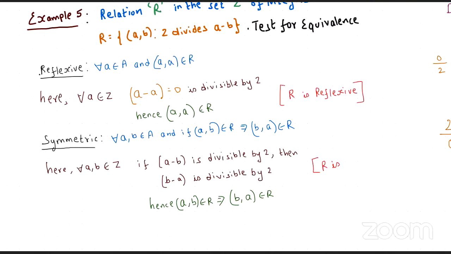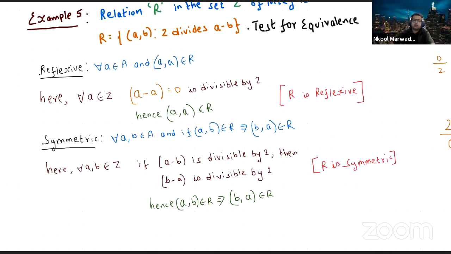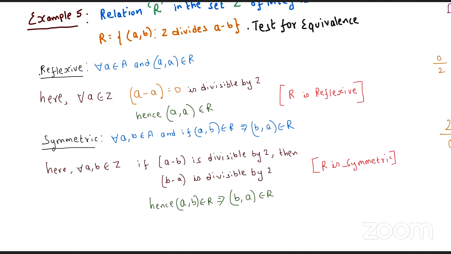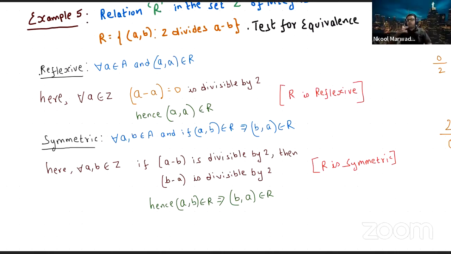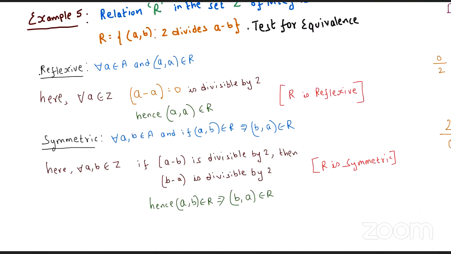We can't take 2 minus 3 or 3 minus 2 for this. But 4, 2 you can take. Either 4 minus 2 or 2 minus 4, both are divisible by 2.